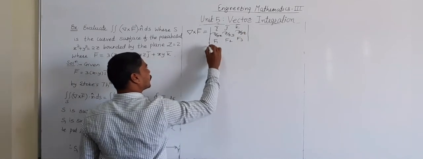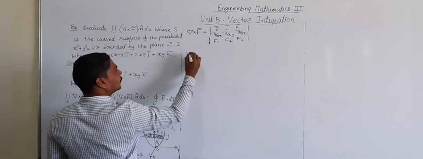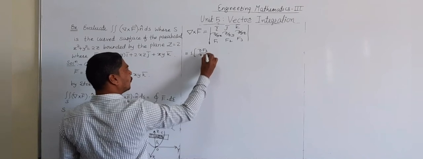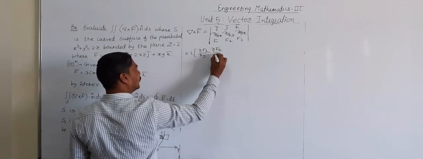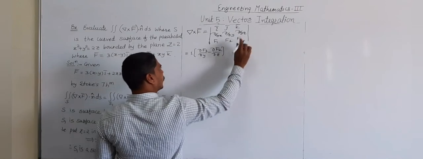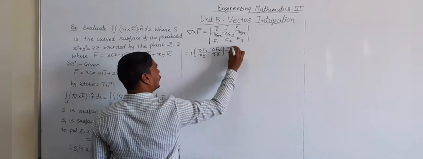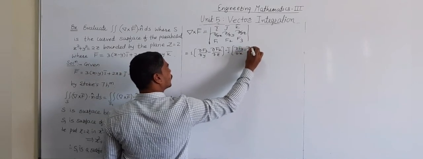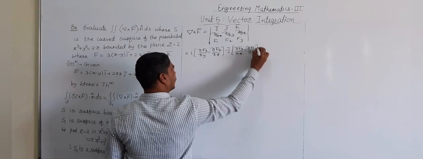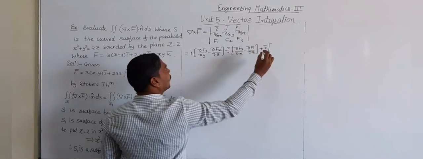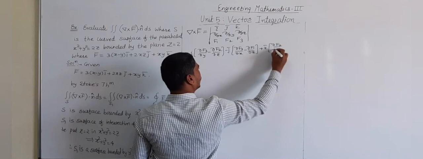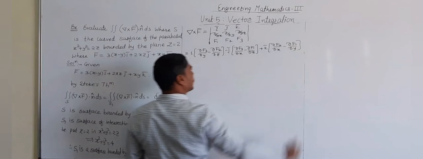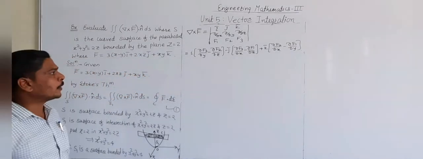So using the definition of a 3 by 3 determinant, this determinant becomes I bar into partial derivative of F3 with respect to y minus partial derivative of F2 with respect to z. Then minus sign J bar into partial derivative of F3 with respect to x minus partial derivative of F1 with respect to z, plus K bar into bracket partial derivative of F2 with respect to x minus partial derivative of F1 with respect to y. So this is the definition of a 3 by 3 determinant.